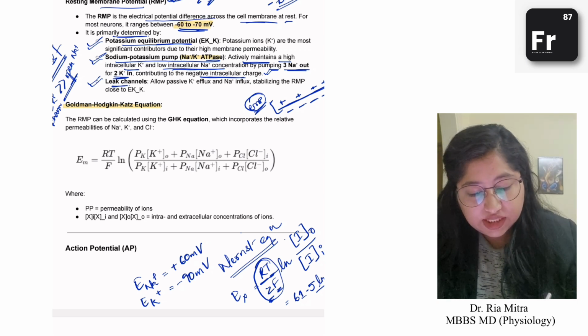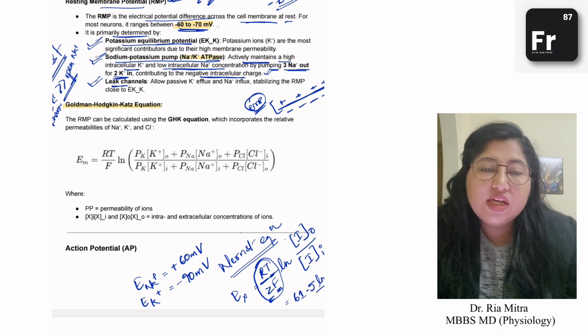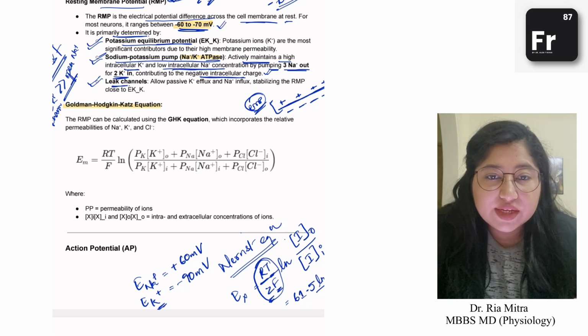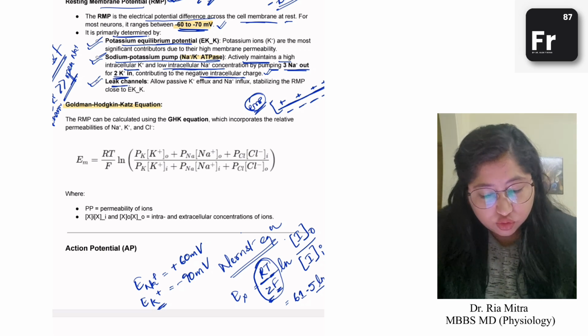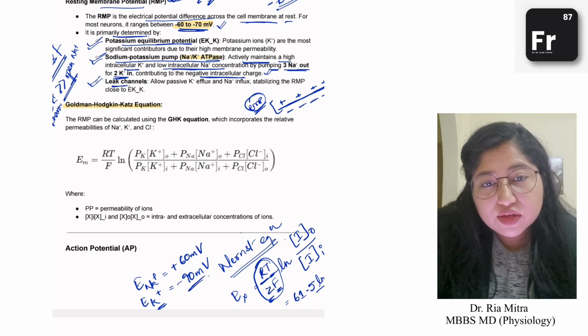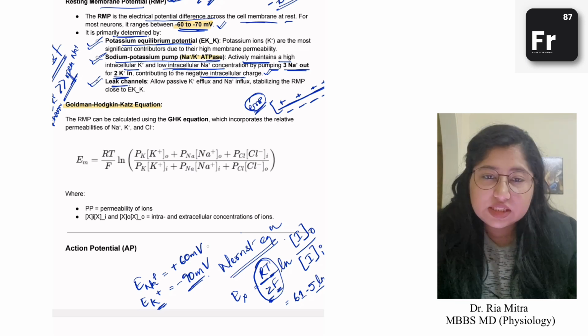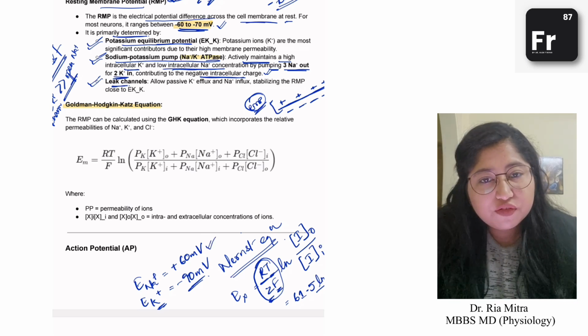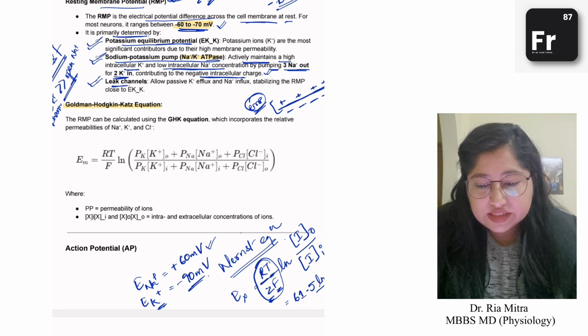So you can appreciate that the resting membrane potential is closer to the equilibrium potential of potassium, that is minus 90 millivolt, and it is not close to the equilibrium potential of sodium, which is plus 60 millivolt.